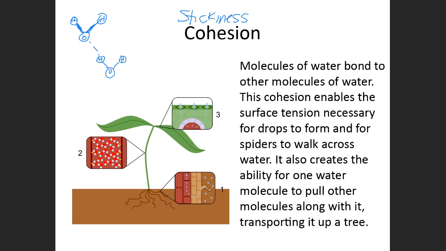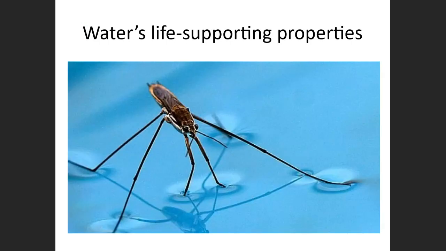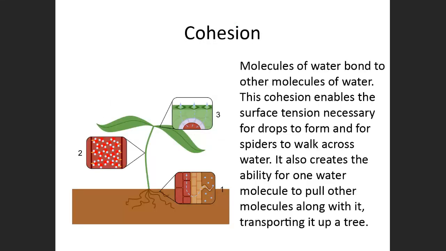The fact that these water molecules are stuck to each other enables them to create a surface. This is surface tension, that you may see bugs walking on, which we had that picture right before this, right? A bug walking on it. That's because all of those molecules are stuck to each other. It also enables one water molecule to pull the molecule that's coming after it.